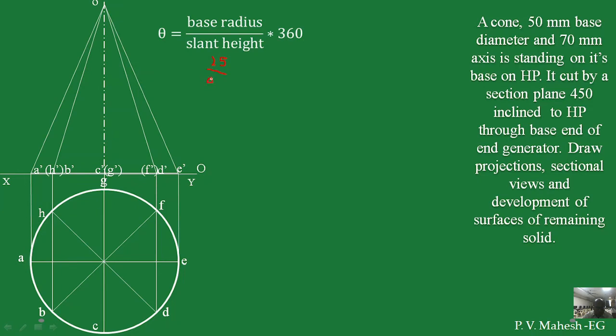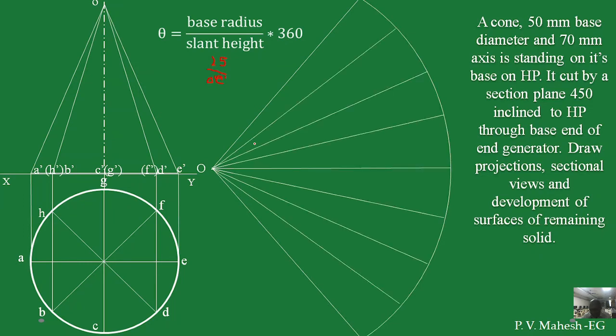Slant height, if you measure O dash E dash, I will get the slant height. So theta equals 25 by O dash E dash into 360. If I put, I will get the angle. With that angle and radius O dash E dash, I will draw the sector. So this is the development of the cone without any section plane.